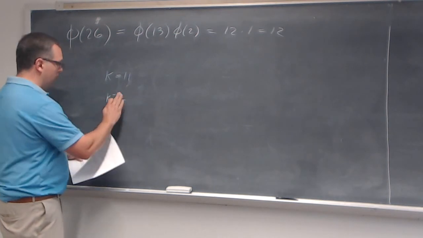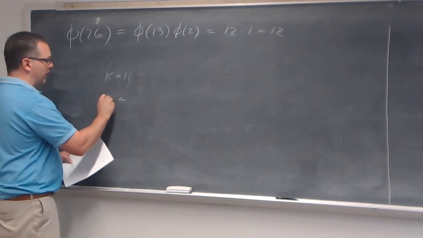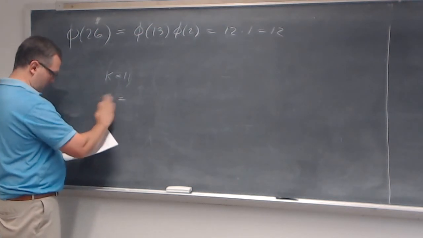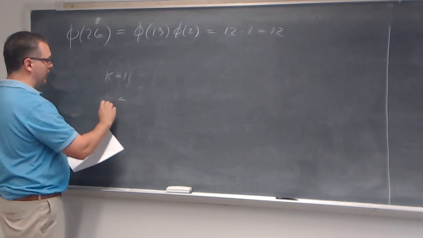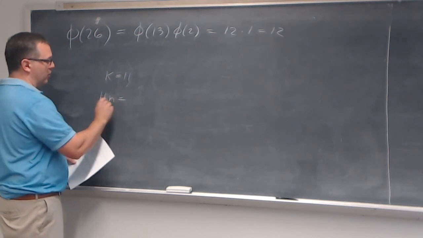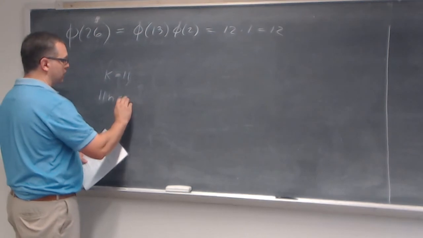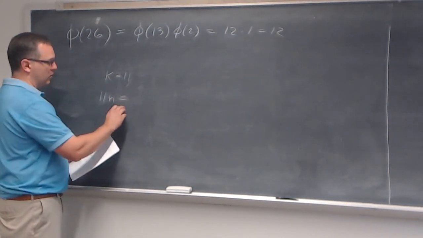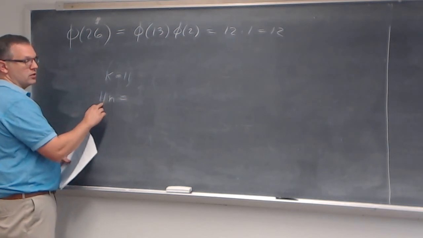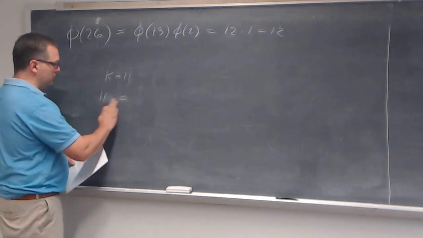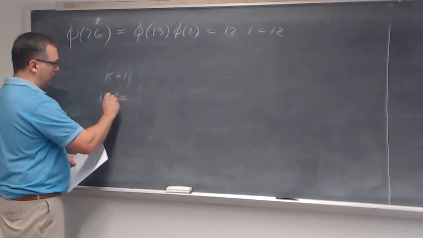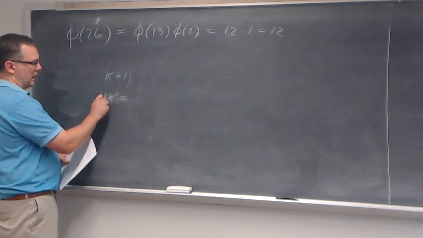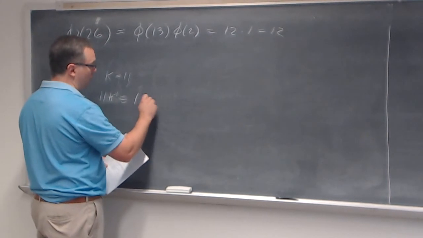Okay. So I said if k was 11, to encipher a number you multiply by 11 and reduce mod 26. So if you want to find the inverse of 11, the inverse of 11 times 11 should be equal to 1 mod 26.